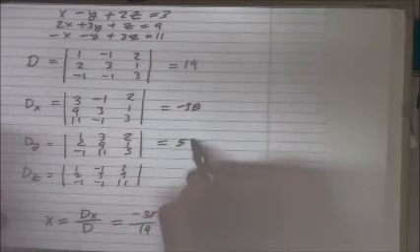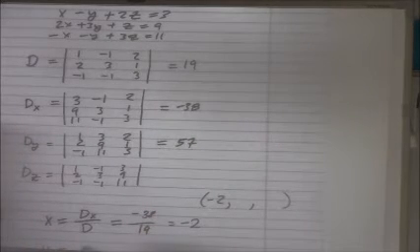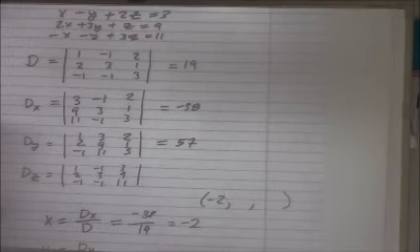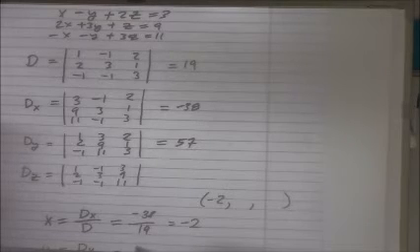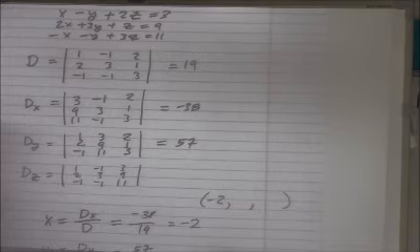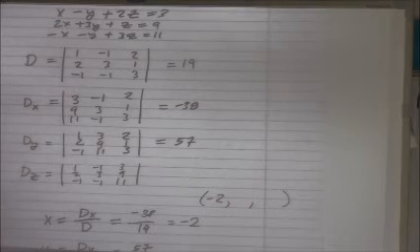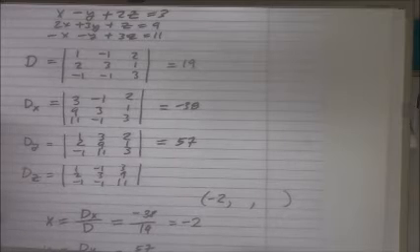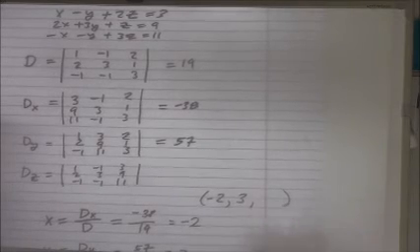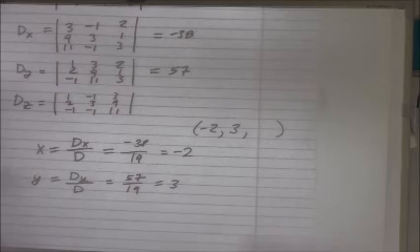dy is the number 57. So y is dy over d, which equals 57 over 19. And if I do 57 divided by 19, I get the number 3. So now we see that y is 3. If you didn't already do it, do z now.